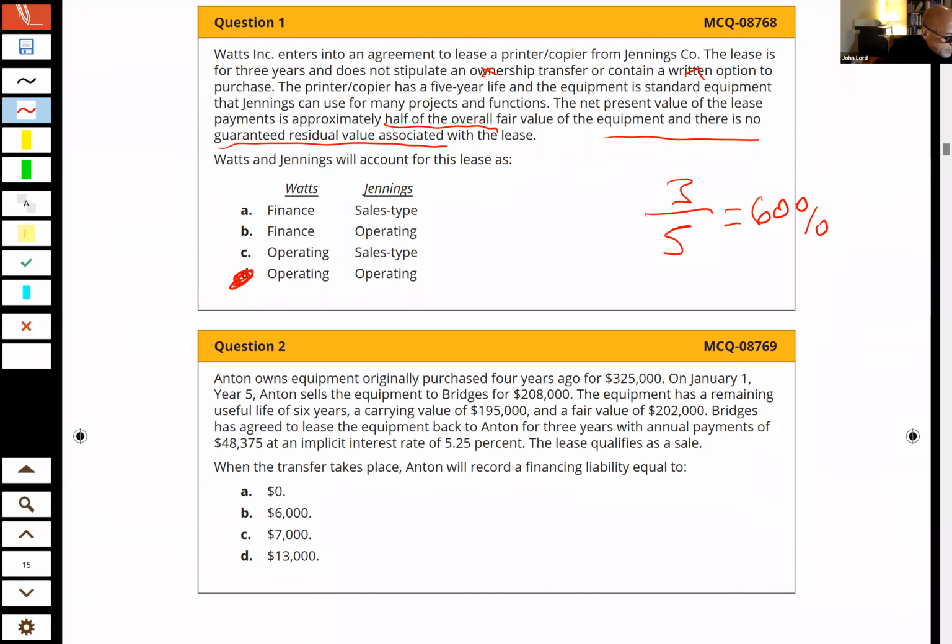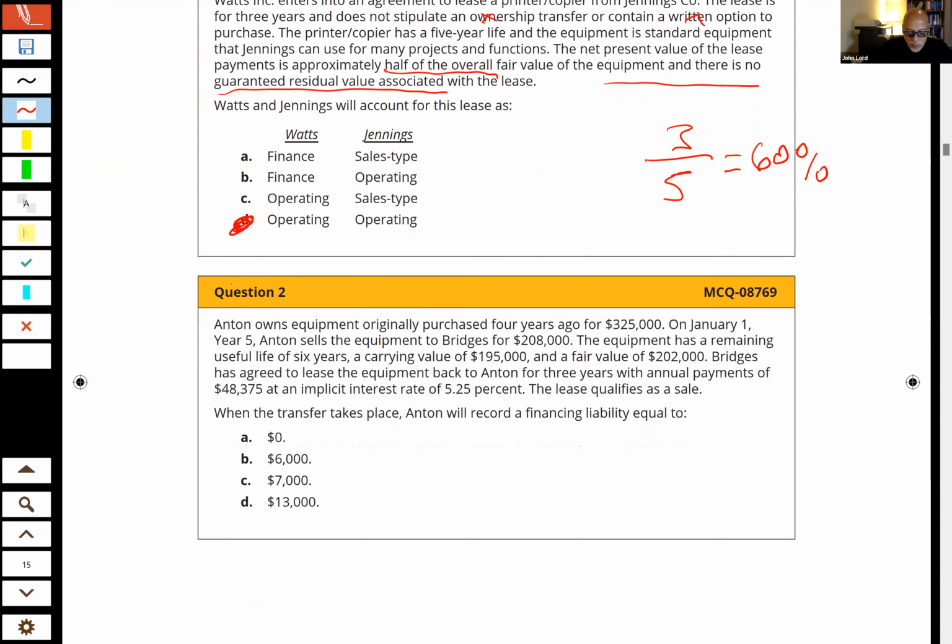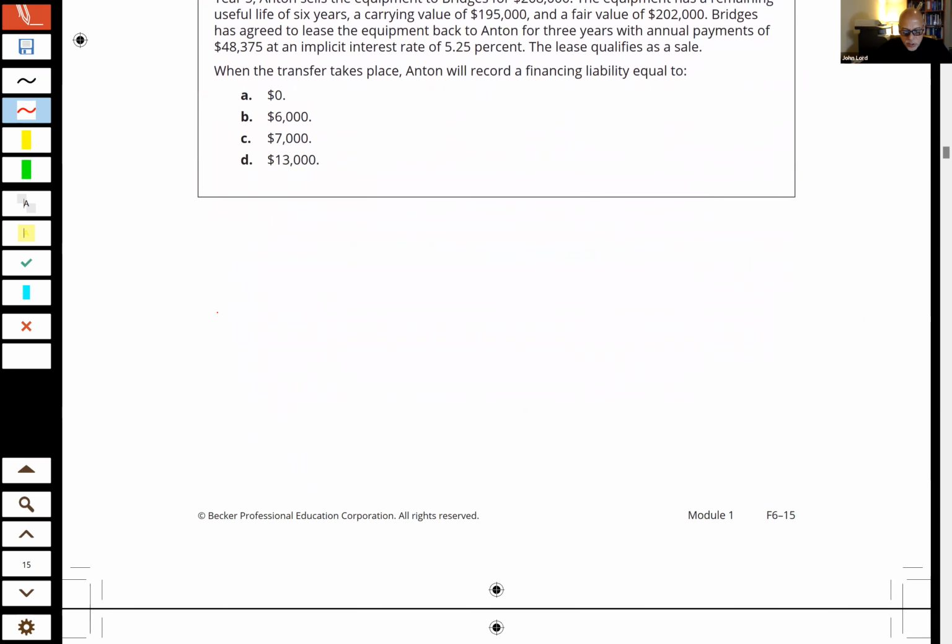The key of the C, the present value of lease payments, lease guarantee included in the is substantially all, no. And so we wouldn't have to worry about the collection. So neither of those criteria were met, so it would be classified as an operating lease. Okay, good. Come over and let's take a look. We'll come back to this question too.